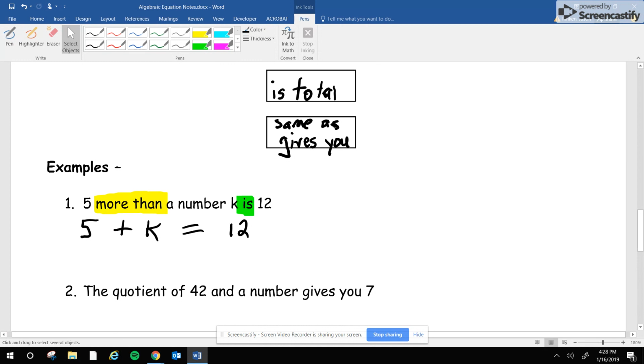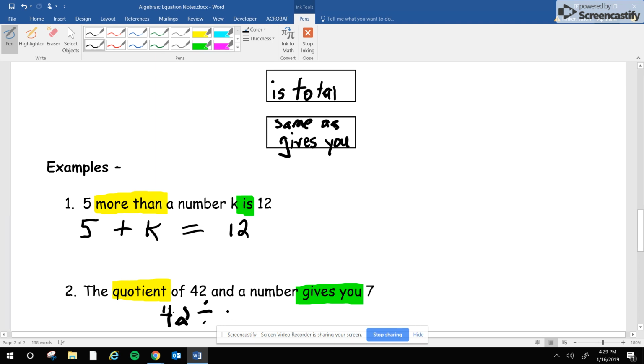Then in the next one, number 2, we've got the quotient of 42 and a number gives you 7. So our first key word is quotient, which is the answer to a division problem, followed by gives you, which is our equals. So since the quotient is our answer, we're going to write 42 divided by a number.